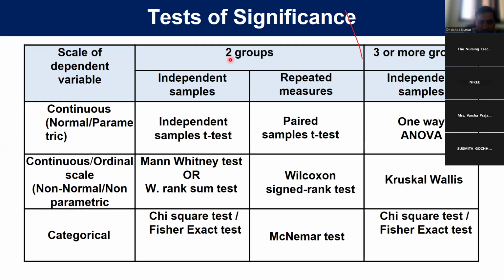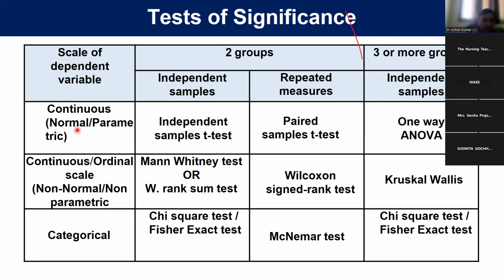If there are 2 groups, for example control group and intervention group, or male and female, these 2 groups are independent samples. Male is different and female is different; intervention is different and control is different. So this is an independent sample. If the dependent variable is continuous and normally distributed, we should go for the independent sample t-test, or unpaired t-test.